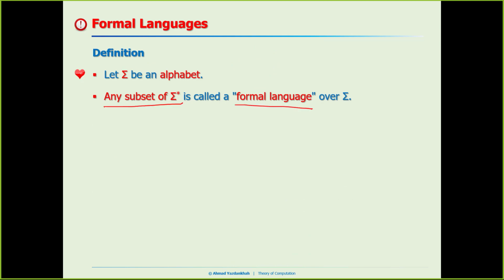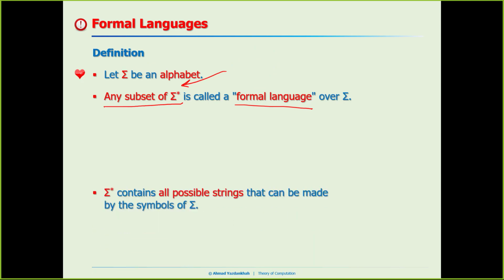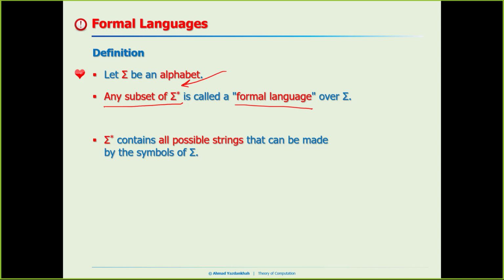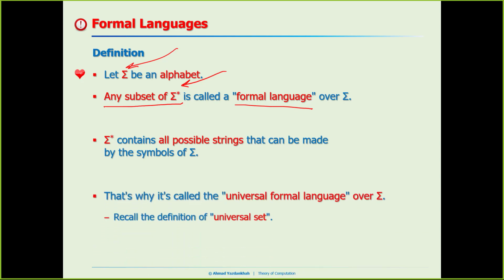And since sigma star is a set that contains all possible strings, can we consider it a universal set for all languages that we can create over this alphabet? Yeah, we can do that.